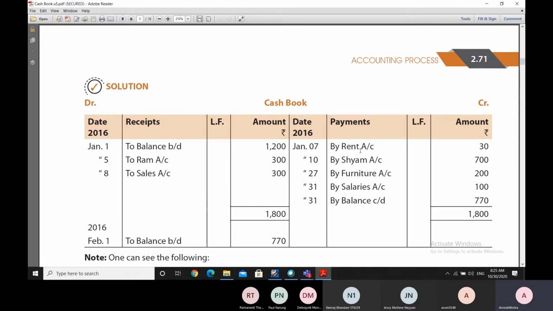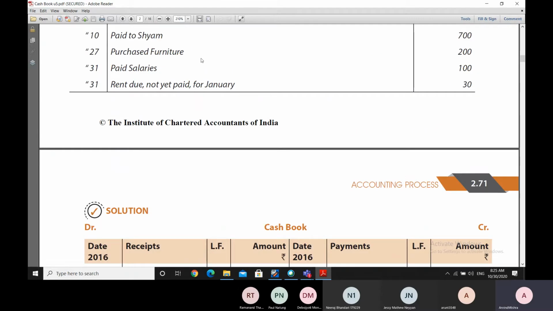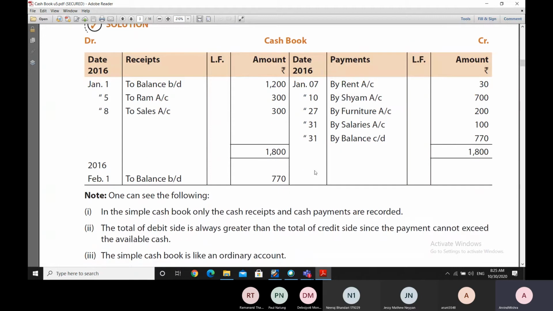For the payments we are making, they come on the right-hand side: rent account 30 rupees, Sham account 700, furniture 200. We have purchased furniture for 200, as you can see here. Finally, the difference of the two sides is written as "By balance carried down 770."